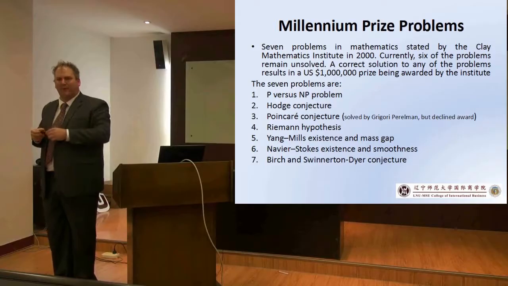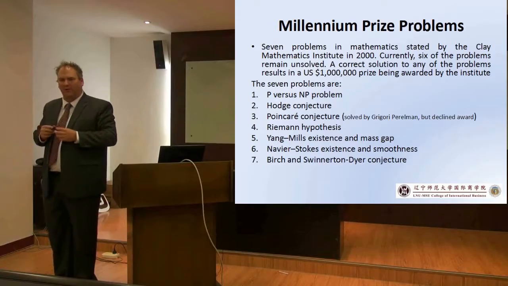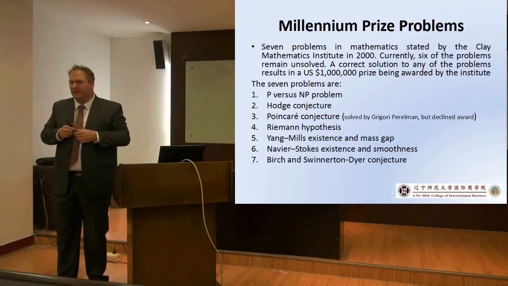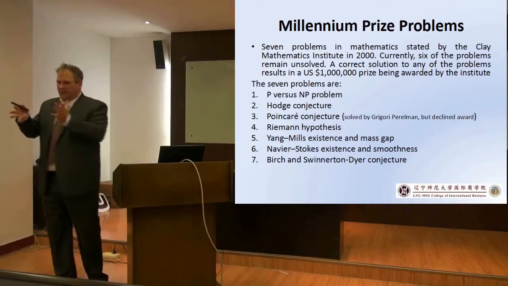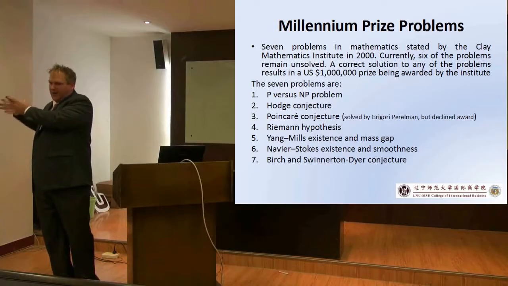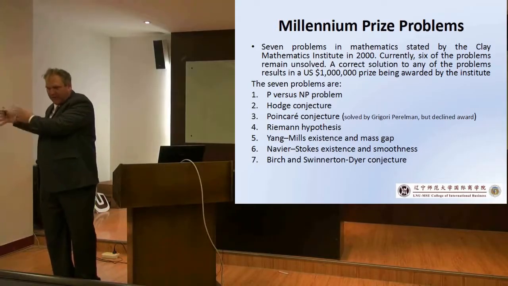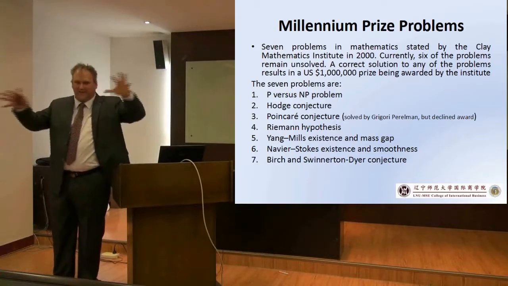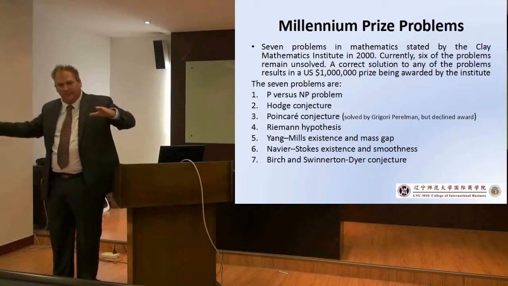That's really what happened with Paul Cohen and the continuum hypothesis. Are there infinities between the integer infinity and the real number infinity? The sizes of infinity. Is there a continuum?